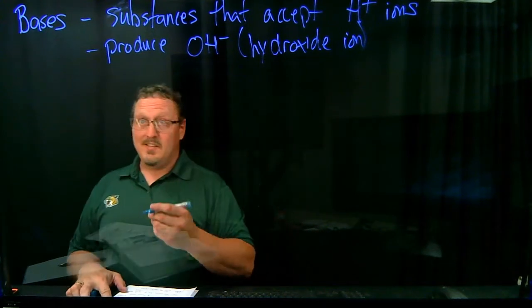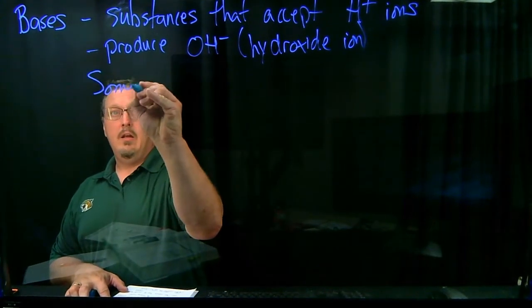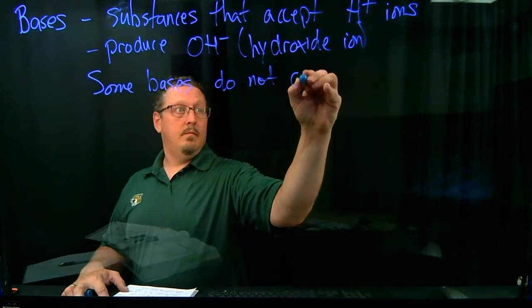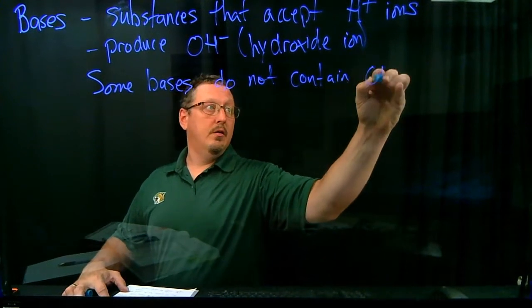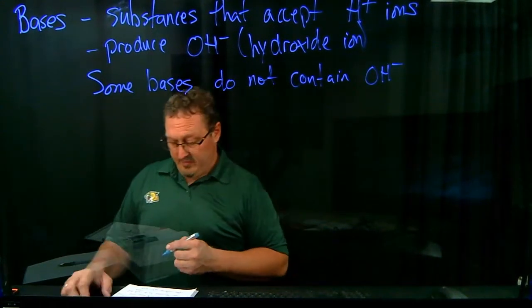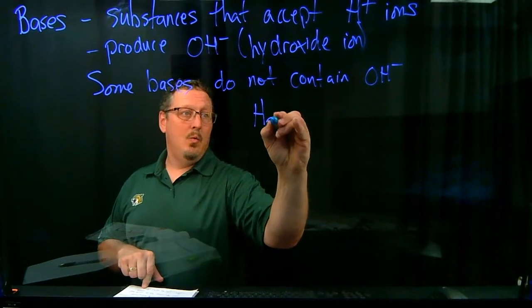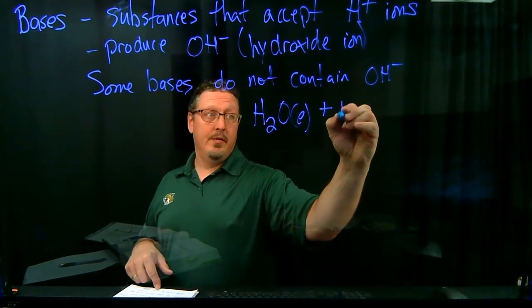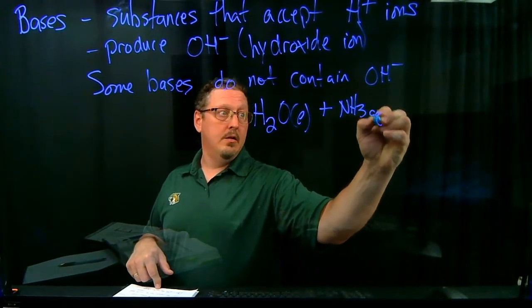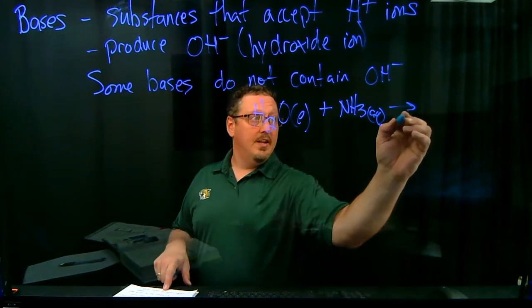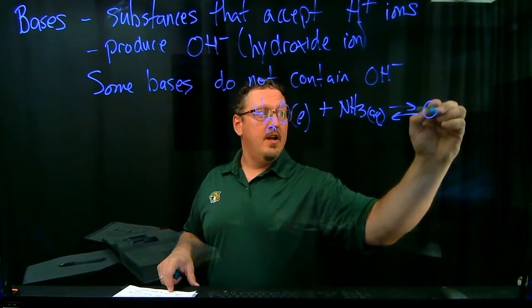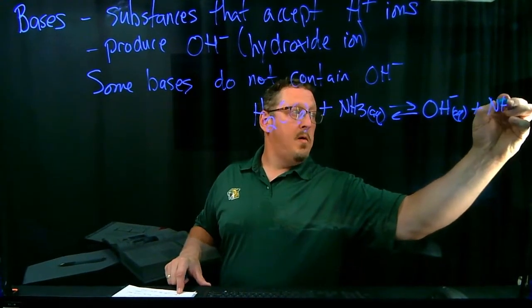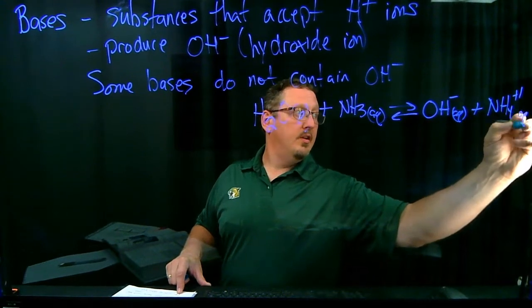Now some bases do not contain hydroxide, so don't let that fool you. The most common example of that is ammonia. If I take water in the liquid phase plus NH3 in the aqueous phase, that is going to be in equilibrium with hydroxide ion, OH minus, aqueous, and ammonium, NH4 plus, in the aqueous phase.